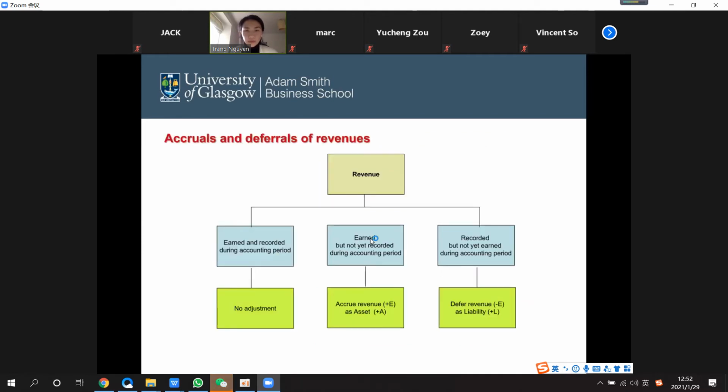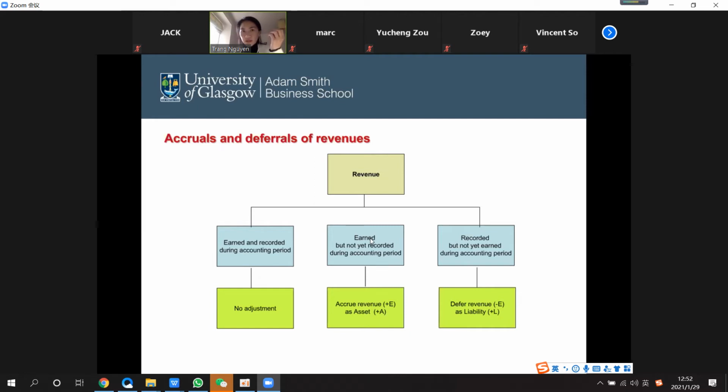And for revenue, we also have two cases: earned but not yet recorded, and recorded but not yet earned. So what does it mean between these two? Earned but not yet recorded means that we sell but haven't received cash yet, and it isn't yet recorded in the financial statement.